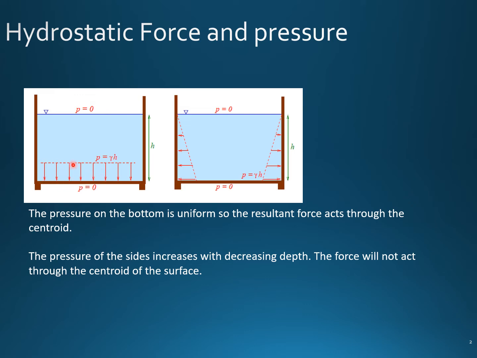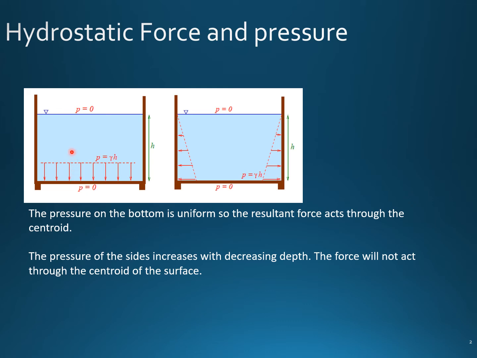The value of the pressure is rho g h, and rho g is also gamma, so gamma h at the bottom. And because this is uniformly distributed, the resultant force acts through the centroid of this force distribution, which is at the center.